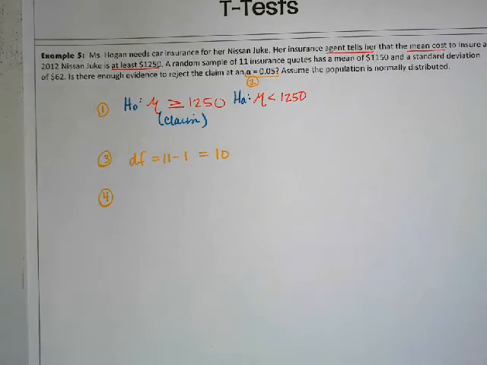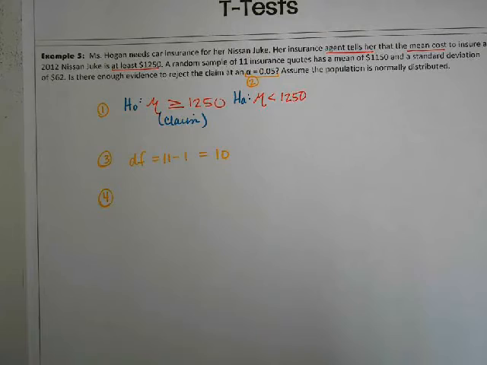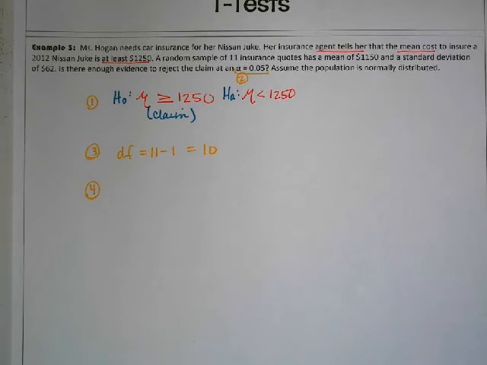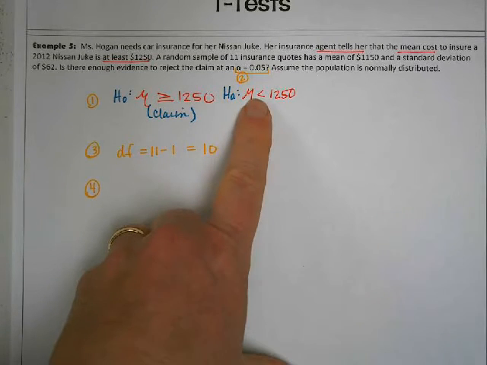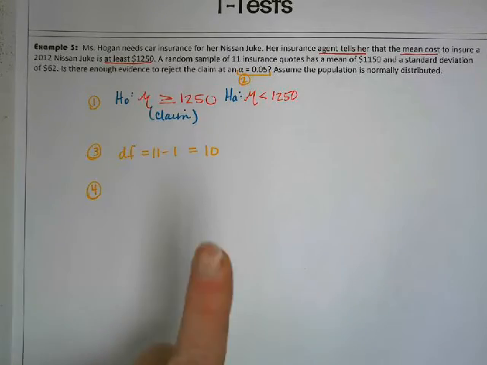So I'm going to use those degrees of freedom and my level of significance of 0.05. Is this a left-tailed test or a right-tailed test? Left-tailed, because remember you always go to the alternative hypothesis. It's a less than, so it's a left-tailed test. So it's one tail.